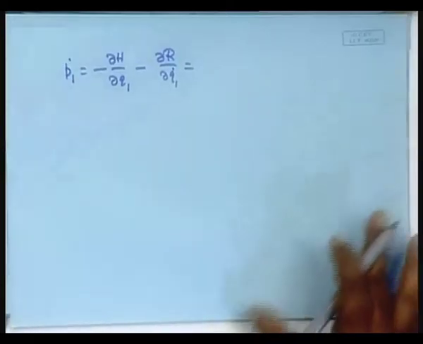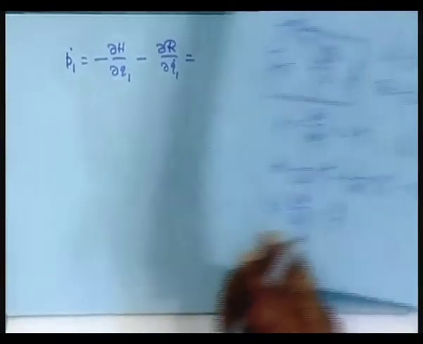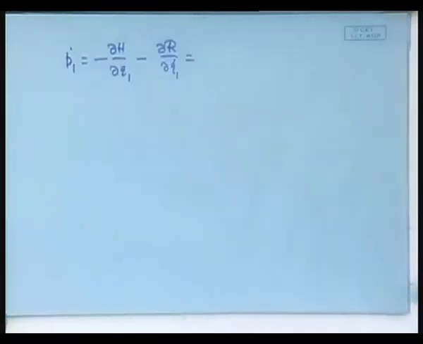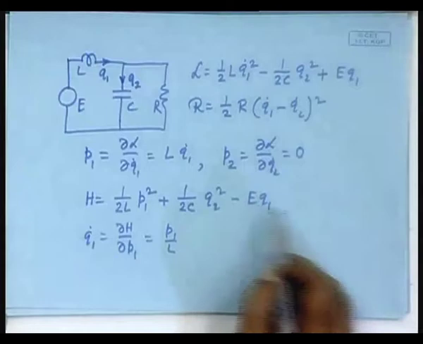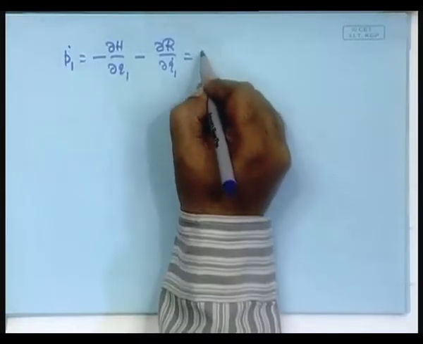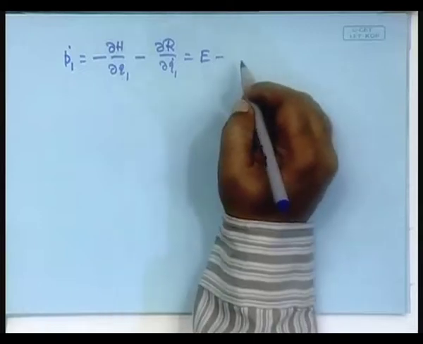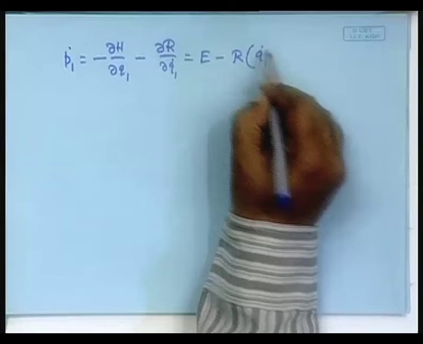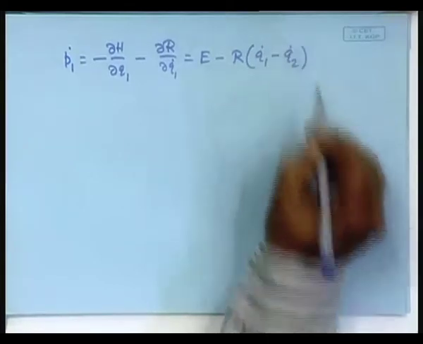What is it? When you differentiate the Hamiltonian with respect to Q1, only this survives. You will write E, and the Rayleigh term survives, minus R times Q1 dot minus Q2 dot.